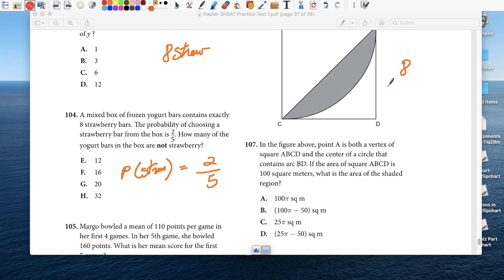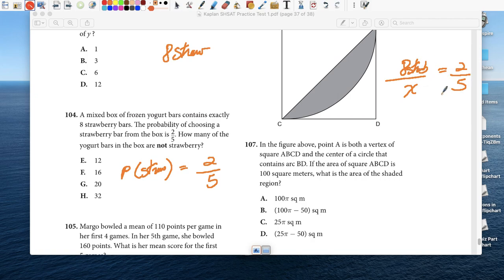The probability of getting a strawberry is 2 over 5, right? So remember, to find the probability of something is the number of strawberries over the total number of yogurt bars. So there were 8 strawberries over a total that I'm going to call x right now. And that simplifies to 2/5.